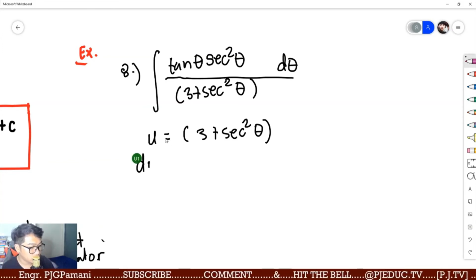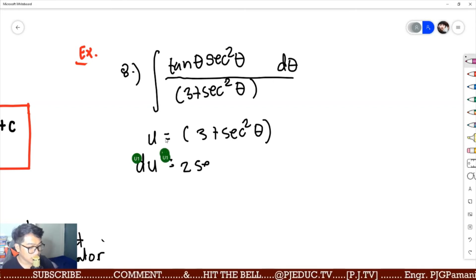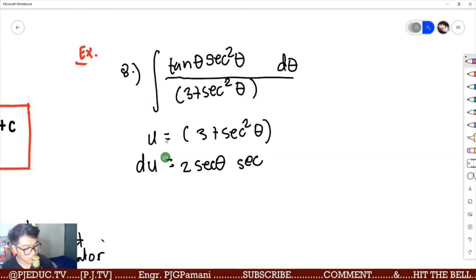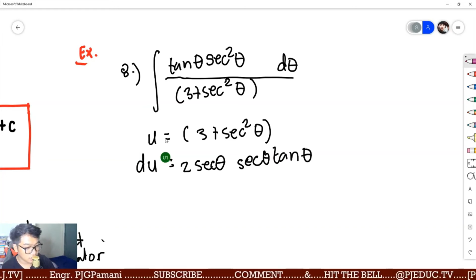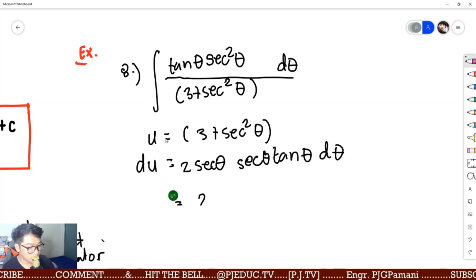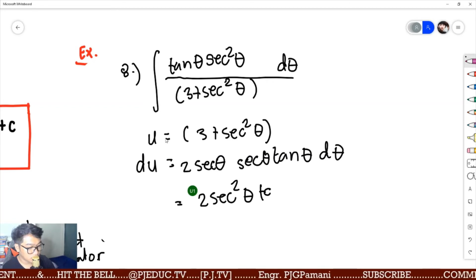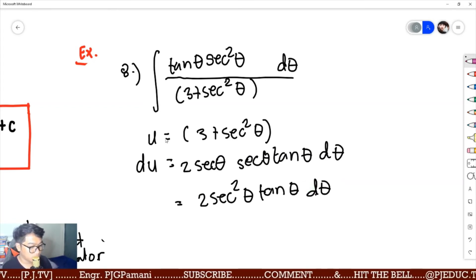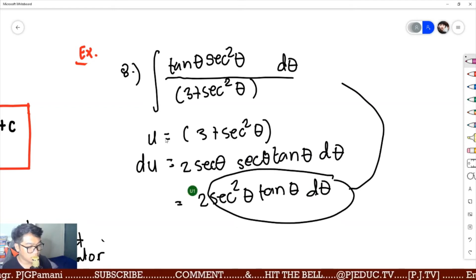The differential of such term is simply 2 secant theta times secant theta tangent theta d theta, or simply 2 secant squared theta tangent theta d theta, which is, this one is present there.